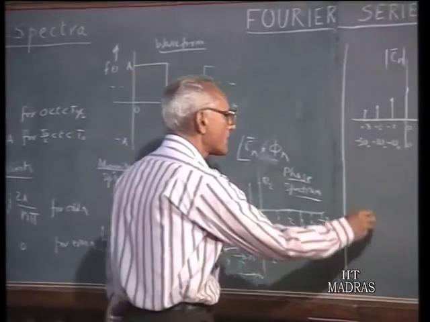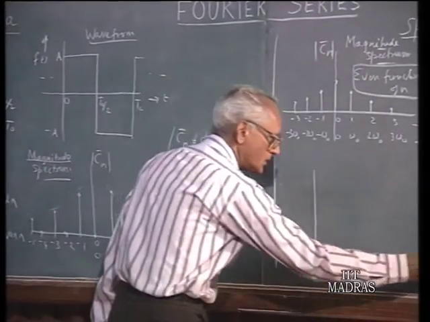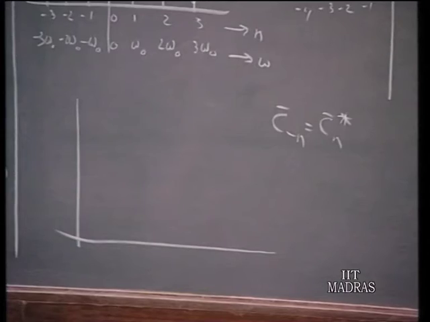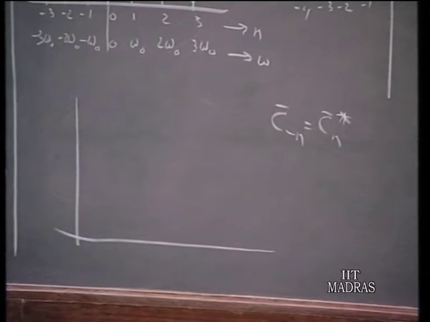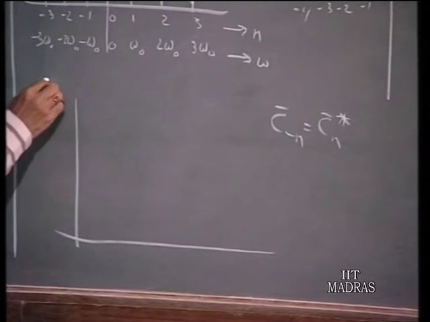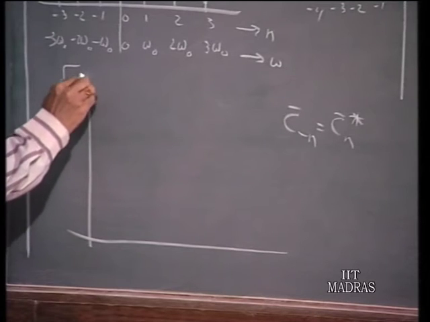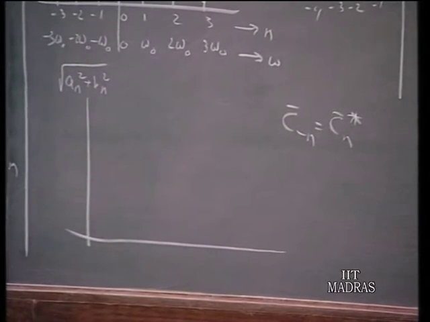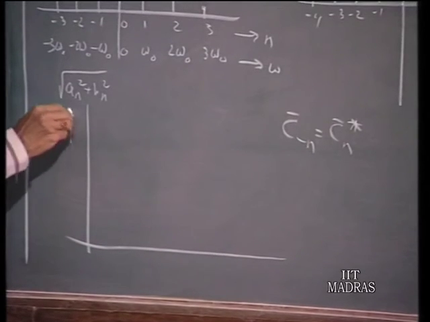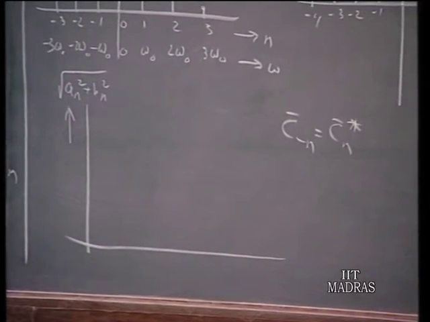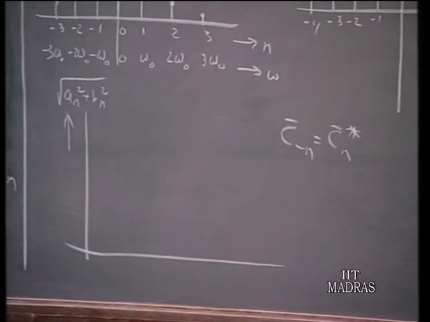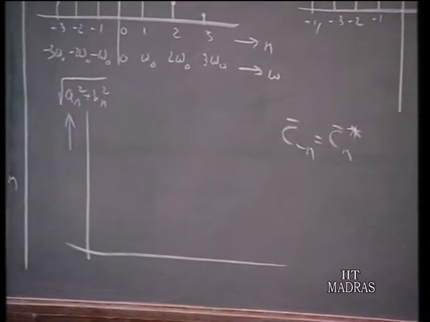It is also sometimes done that, instead of plotting Cn, one plots the square root of an squared plus bn squared, this being the amplitude of the nth harmonic component. You recall that in the trigonometric expansion of a function of time, the amplitude of the nth harmonic is the square root of an squared plus bn squared.